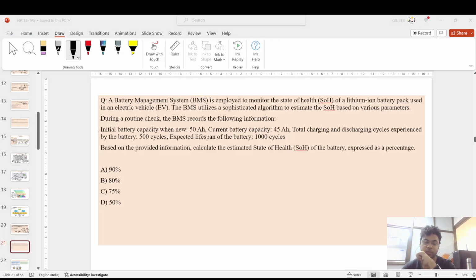Try this question. This is also a very simple question based upon the same concept which we have discussed.